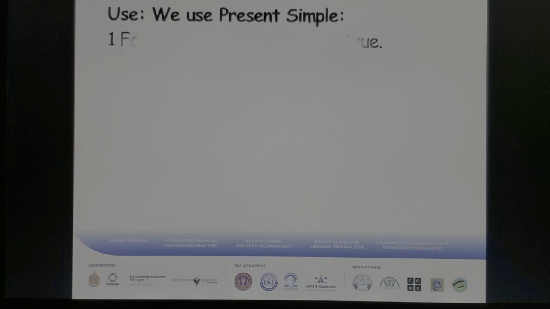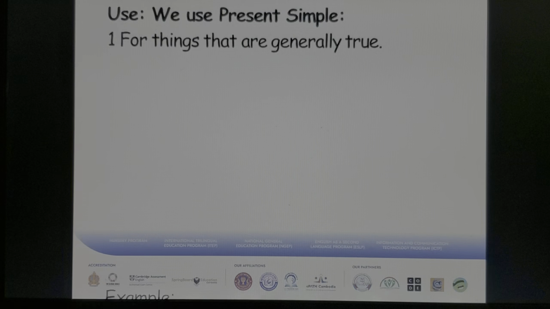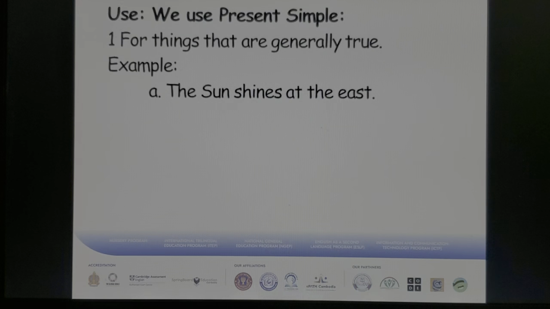So rule number 1 is, when do we use present simple? We use present simple for things that are generally true. Example: the sun shines in the east.